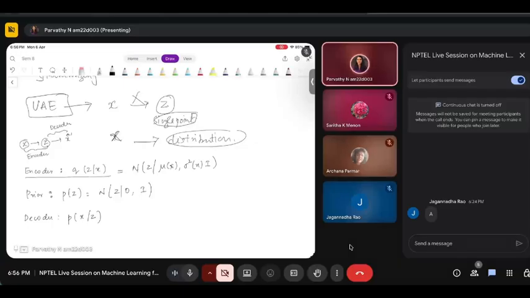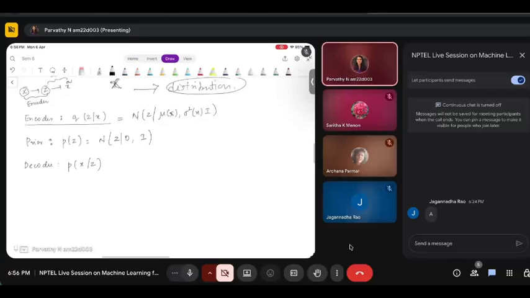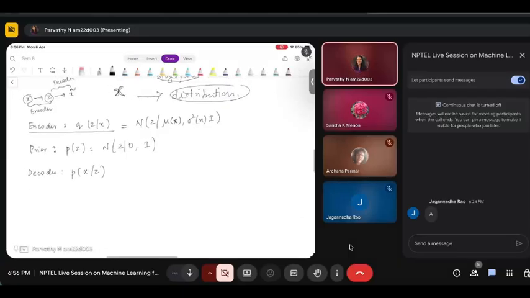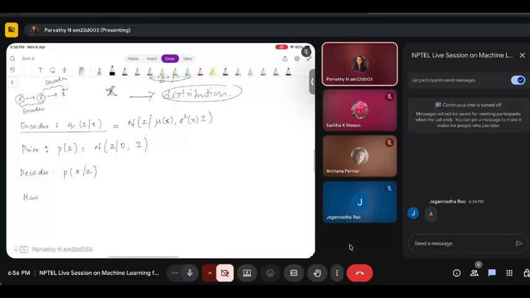Now we want to maximize log of p of x, and this is given by log of p of x given z into p of z. So this is something that is not very tractable.